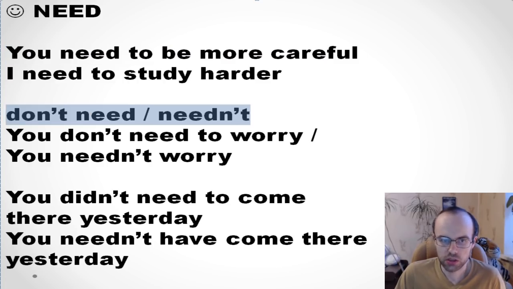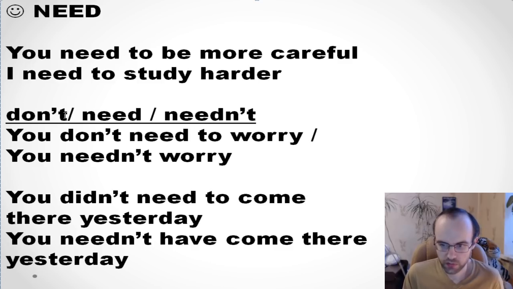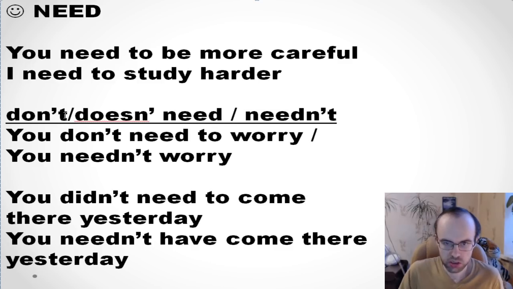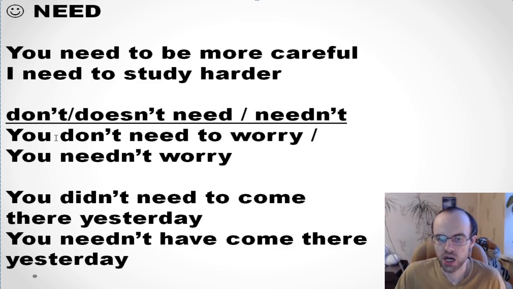Okay, we use don't need or needn't, or doesn't need for he, she, it. I can say you don't need to worry, it's okay. So don't or doesn't plus need, or you needn't worry. It's also okay.